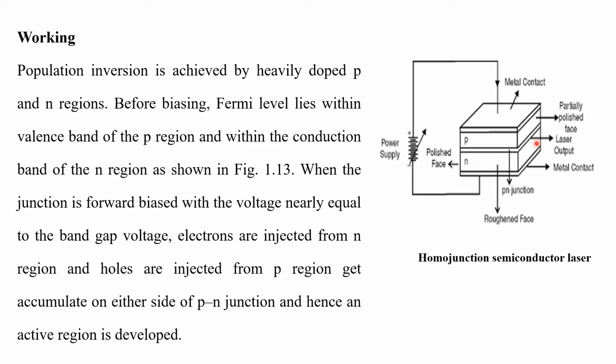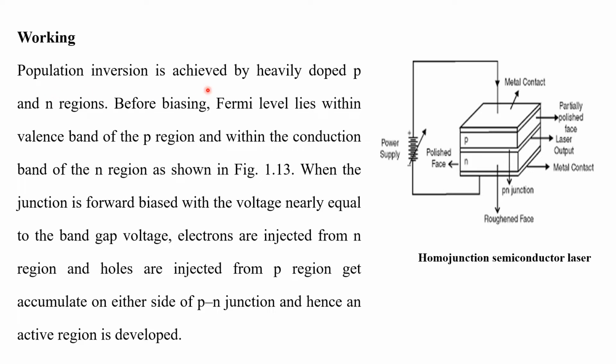The front and the rear portions are well polished and made parallel, so that the laser action takes place here and you get a highly monochromatic and coherent beam, whereas the other two faces are roughened so that no laser action takes place in the other faces. And you have a metal contact at the top and bottom by which the external source can be connected.